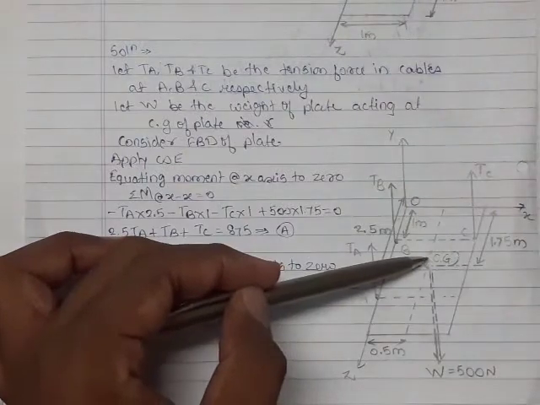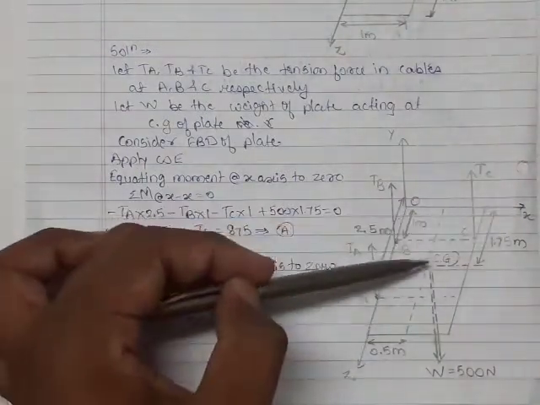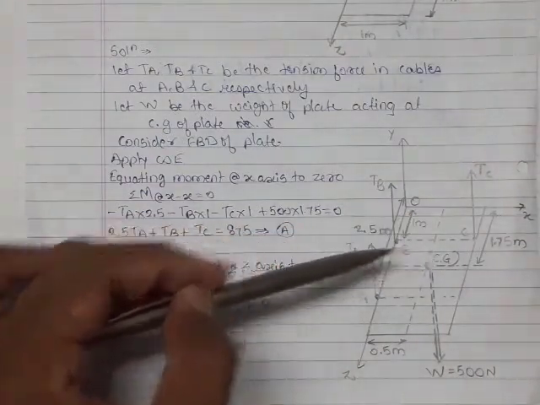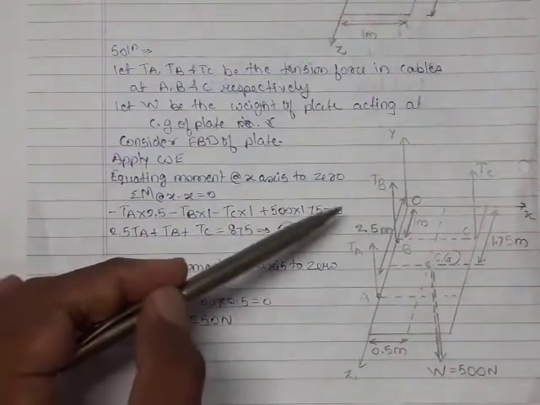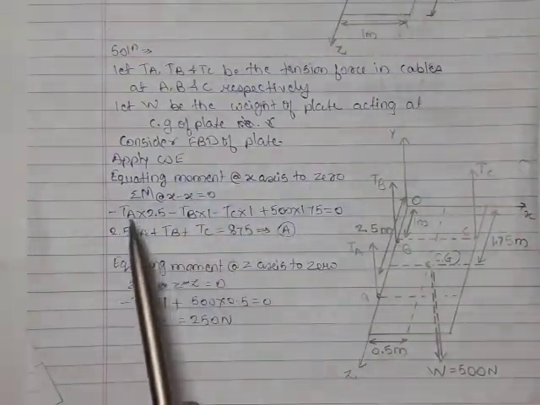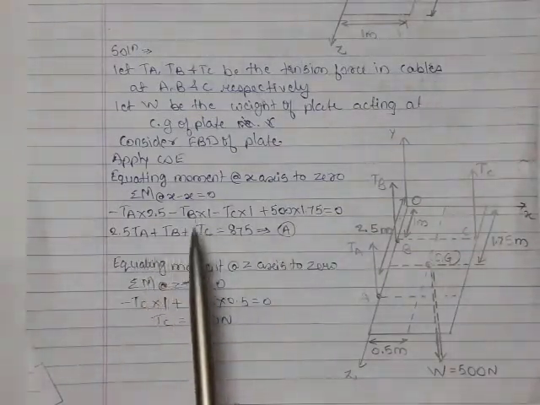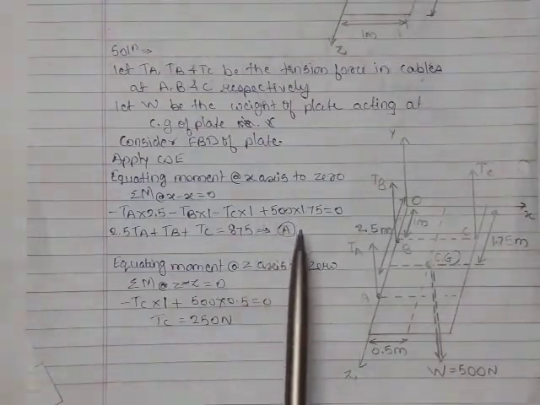The 500 Newton is going to create clockwise moment about the x-axis. This 500 at CG is at distance 1.75 from the x-axis. So 500 into 1.75 equal to 0. We will simplify this equation to get 2.5 TA plus TB plus TC equal to 875, equation A.